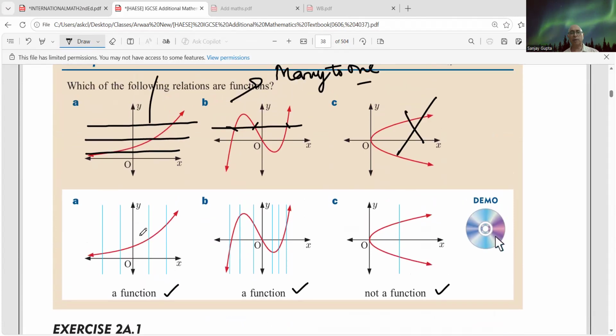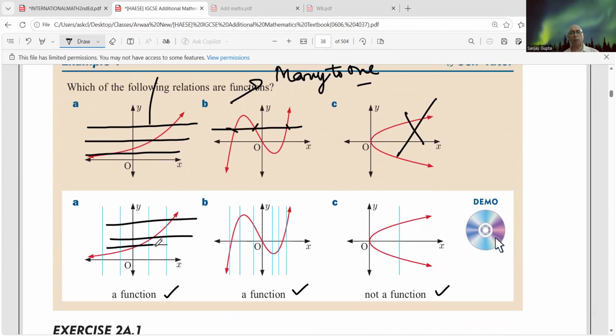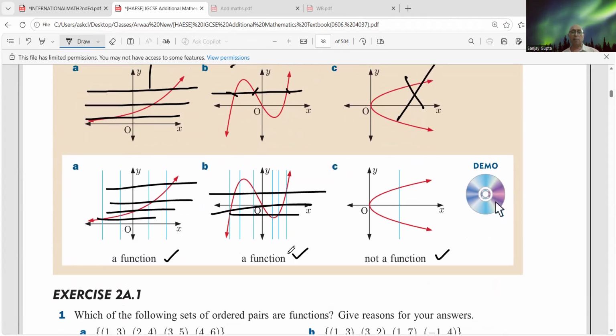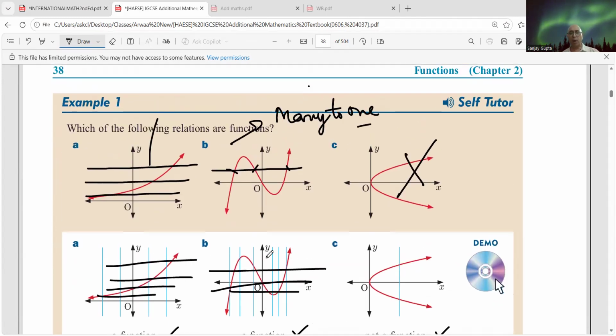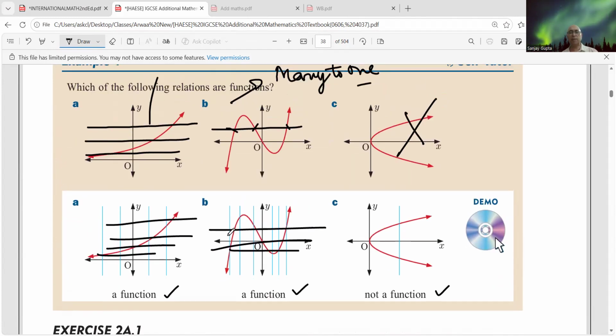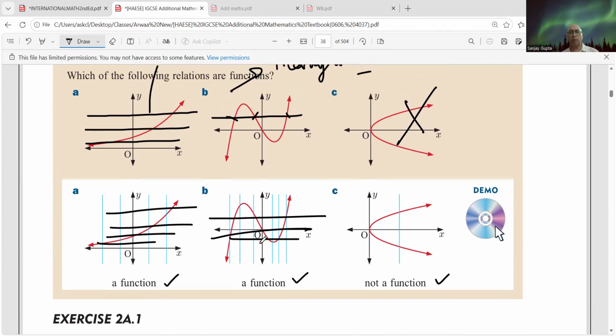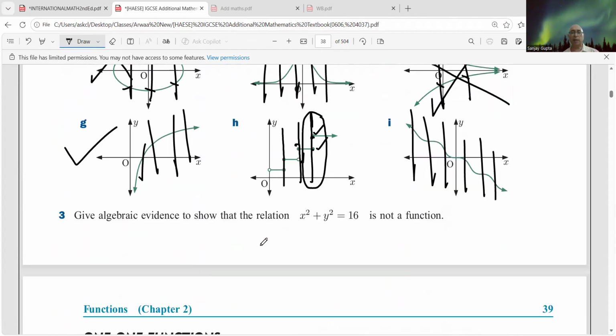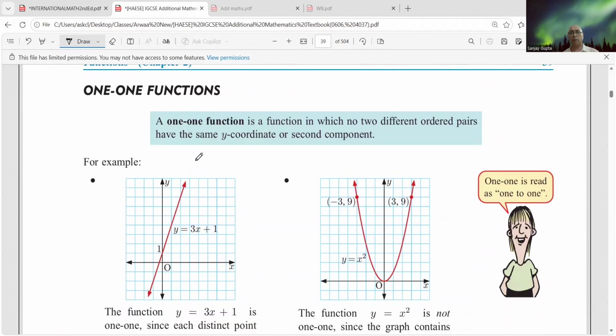So this is a one-to-one function, whereas this is not one-to-one, it is a many-to-one function. So for classifying a function as one-to-one or many-to-one, we draw horizontal lines. But before that, we have to draw vertical lines to conclude that the graph represents a function, if it only cuts the graph at one place. I hope this is very, very clear, and that is what is important.